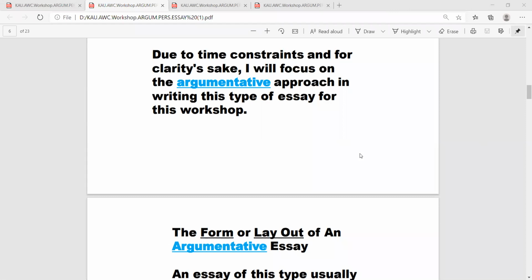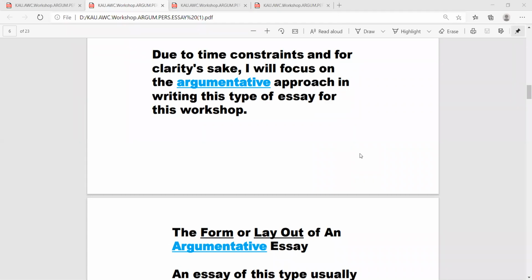Okay, all right. So due to time constraints, there are going to be questions at the end, of course. So we're going to focus on the argumentative approach, which is based on hard facts and a lot easier to understand and to use, whereas the persuasive is a little more murky.